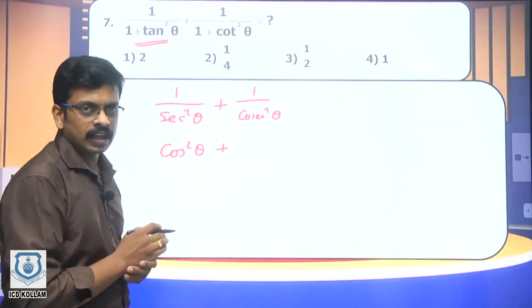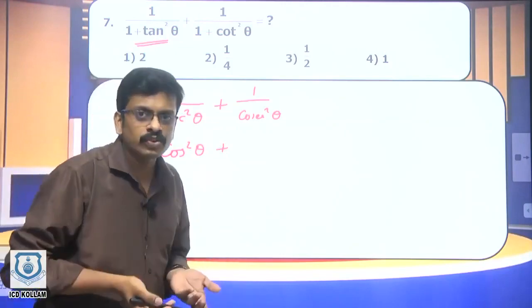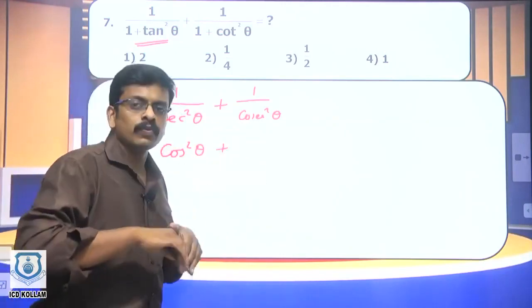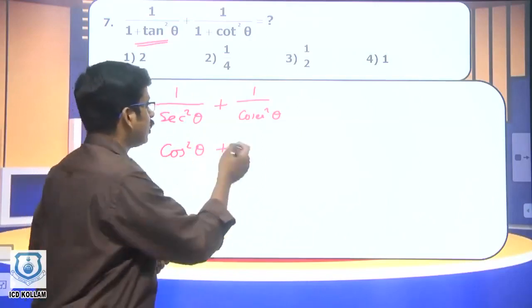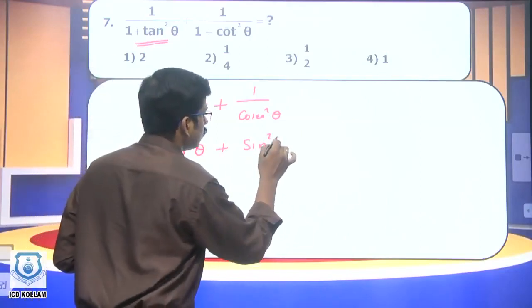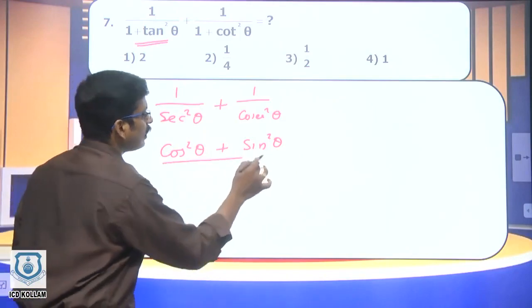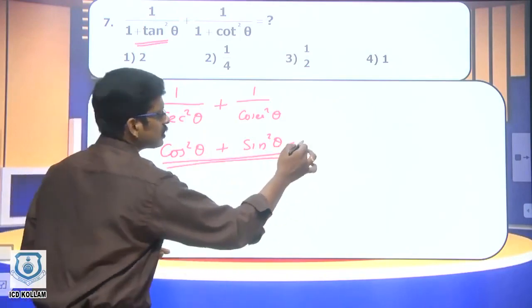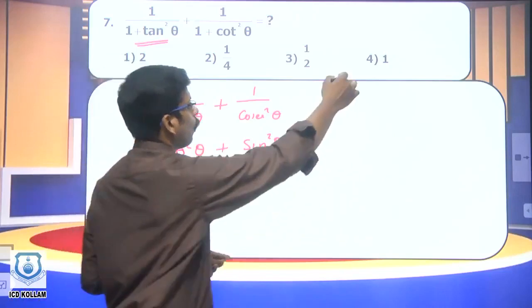The reciprocal of sine is cosec, so the reciprocal of cosec will be sine, so sine square theta. And cos square theta plus sine square theta is 1. So our answer is 1.